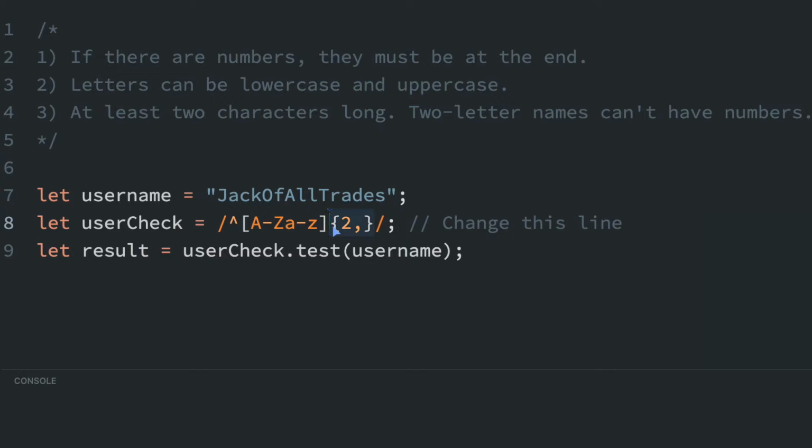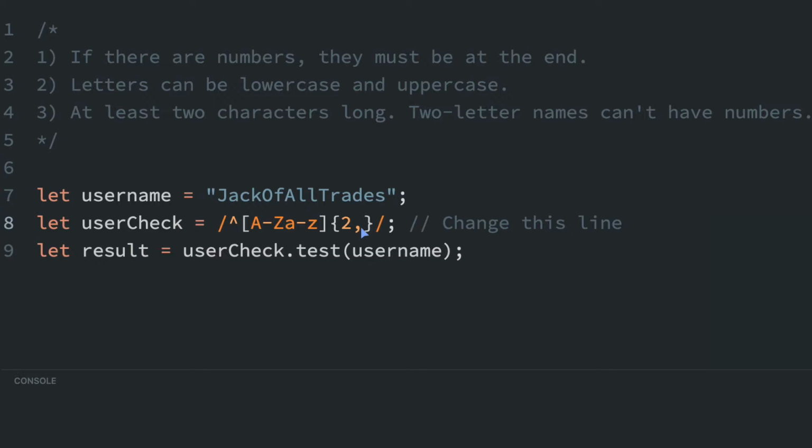The curly braces indicate the number of times the previous thing can match. So the previous thing are these letters, and these can match anywhere between 2 and an infinite number of times. So the number before the comma is the minimum number of matches, and the number after the comma is the maximum number of matches.